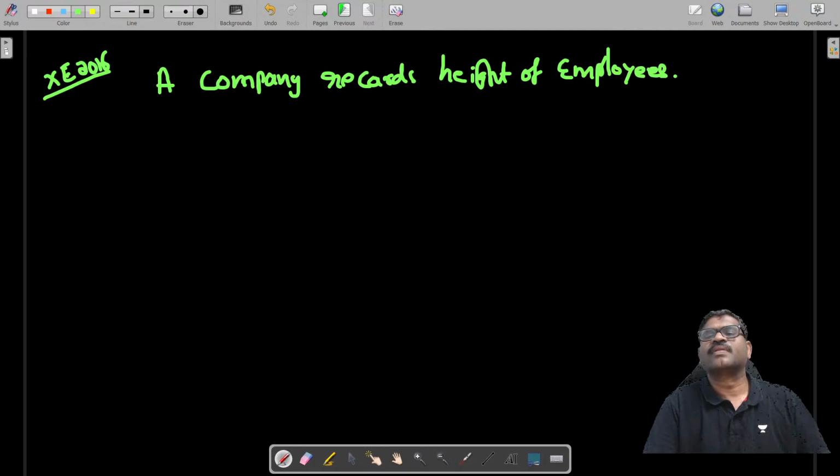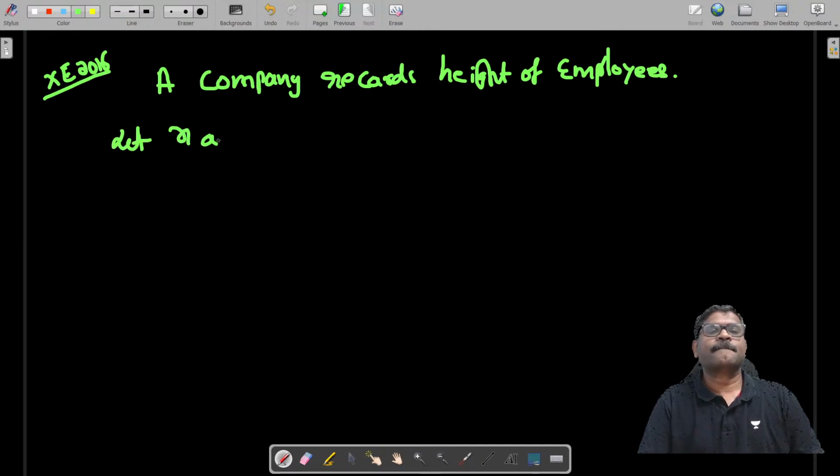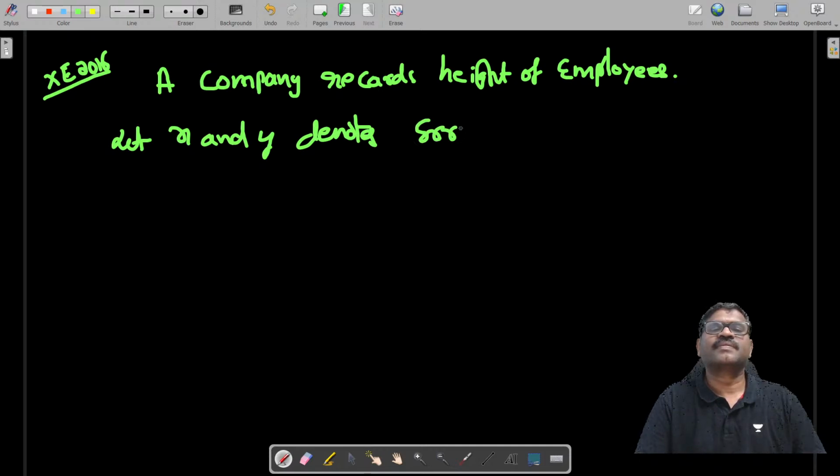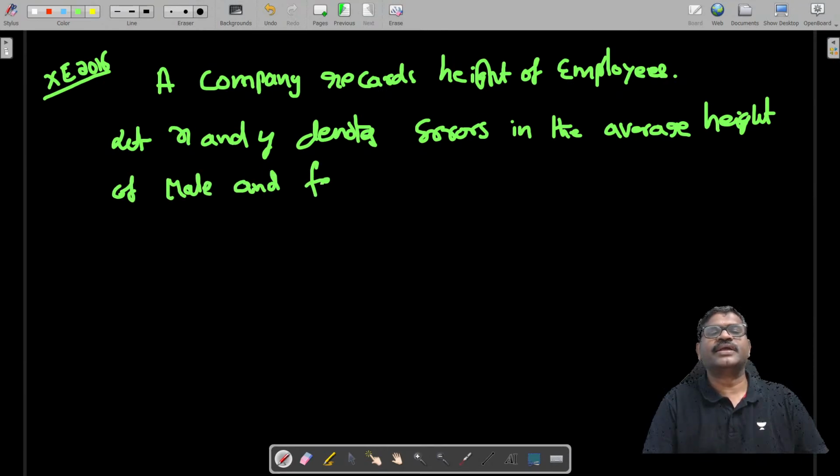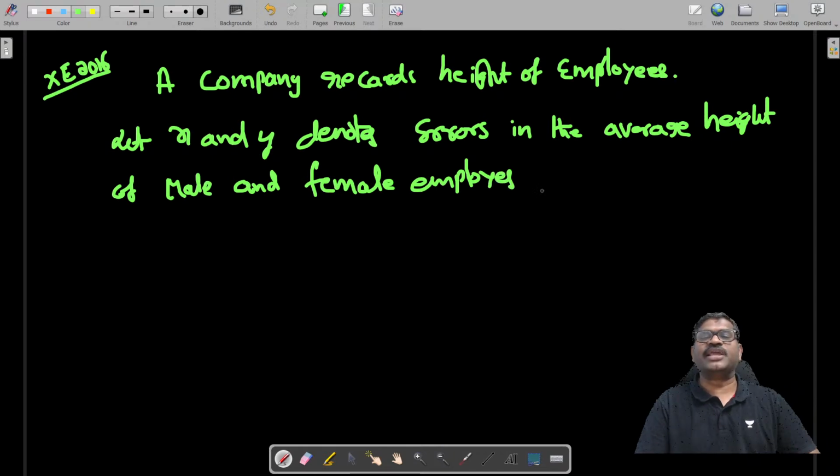Let X and Y denote errors in the average height of male and female employees, respectively.